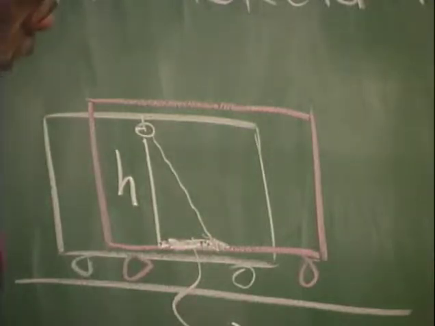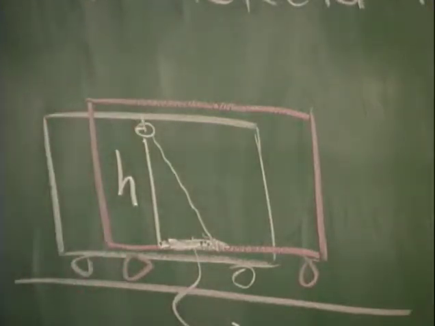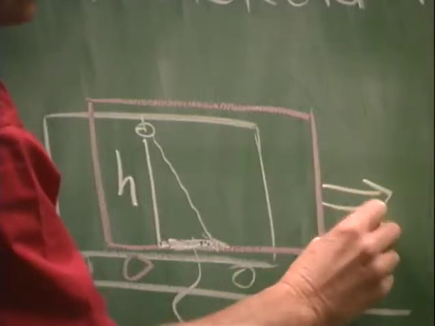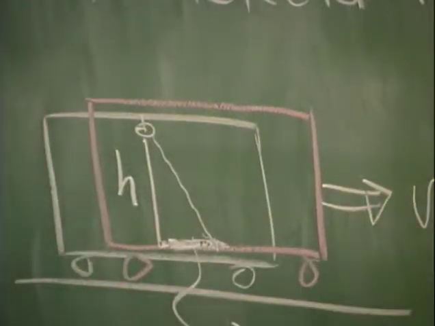Then the distance the train has moved is v, the velocity of the train, times delta t. Isn't that right? If this train is going along to the right, and I wait for a time delta t, the time it takes that light signal to get down there, v delta t is how far the train has gone.